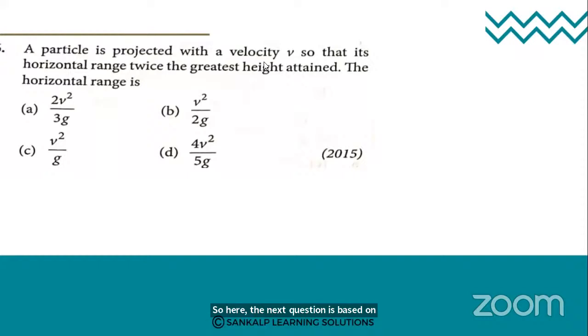A particle is projected with velocity v, which means this is the initial velocity they have considered. The horizontal range is twice the greatest height attained, so what is the value of the horizontal range you have to calculate.